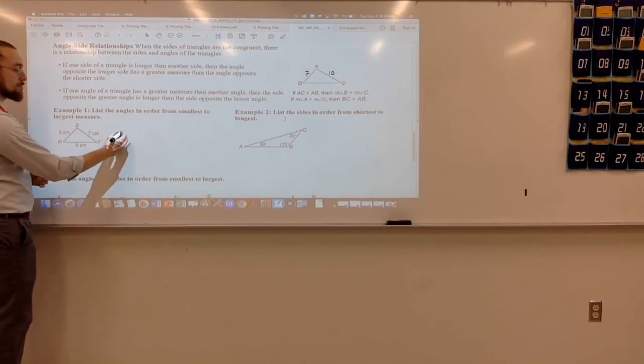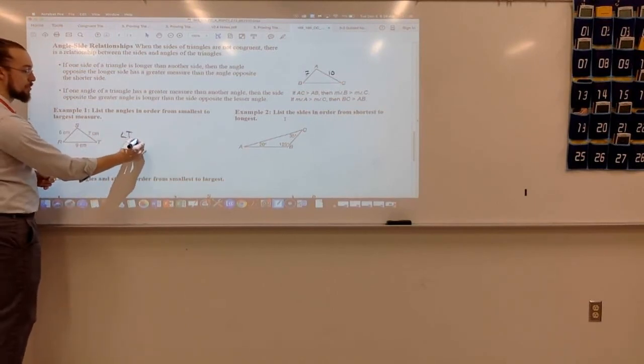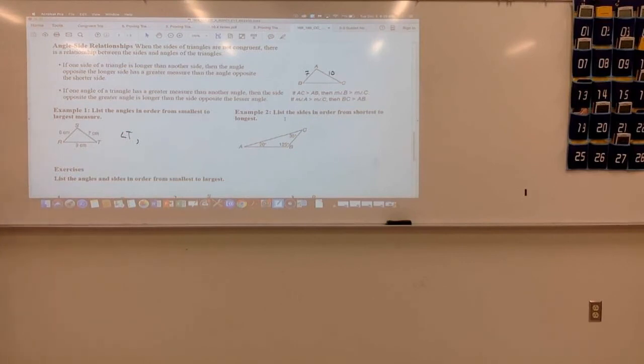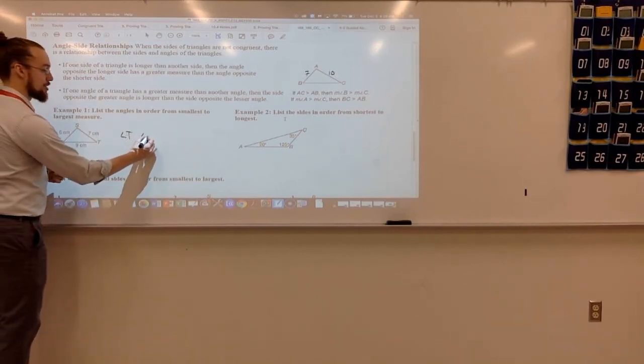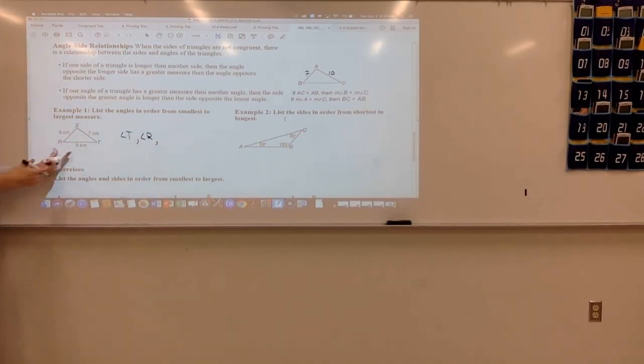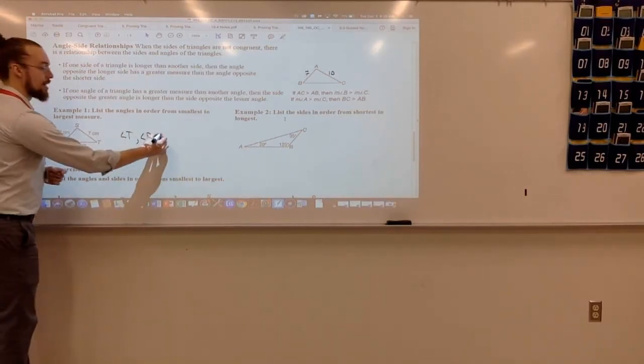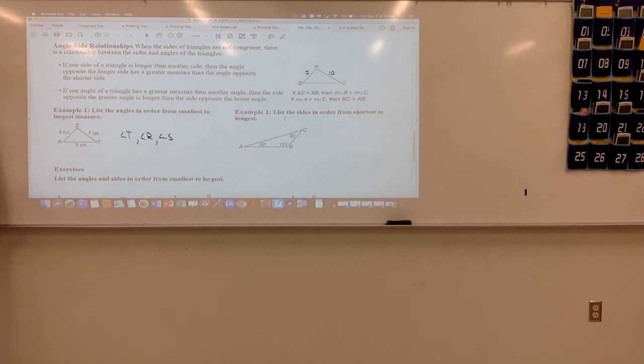So if I'm listing from smallest to largest, I'm going to put angle T first. Then my next side, ST, is 7, so angle R would be next in this order. And then my longest side is RT, so angle S would be the largest. Cool.